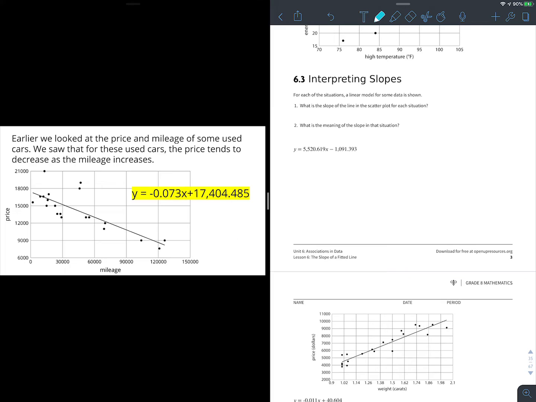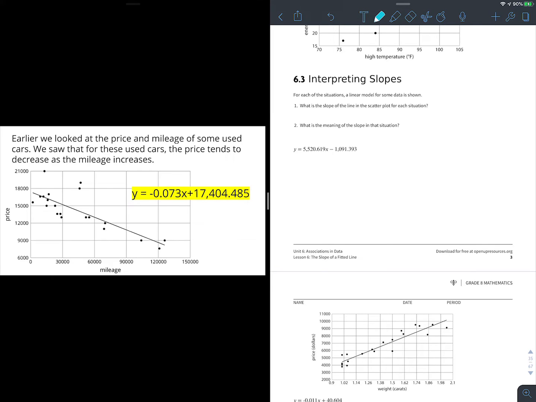So here we have an example of an equation for the line, which is y equals negative 0.073x plus 17,404.485. From the equation, we can identify the slope of the line to be the negative 0.073. So think about, what does the slope of the line tell us?